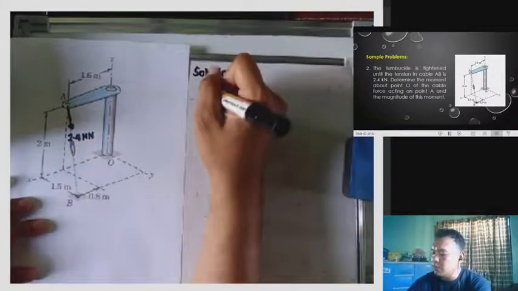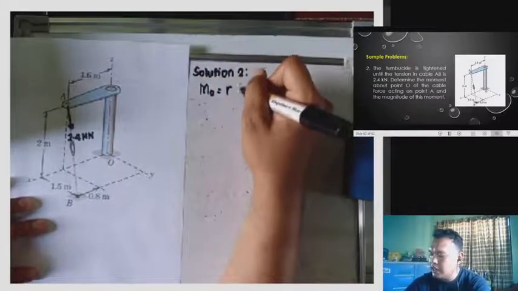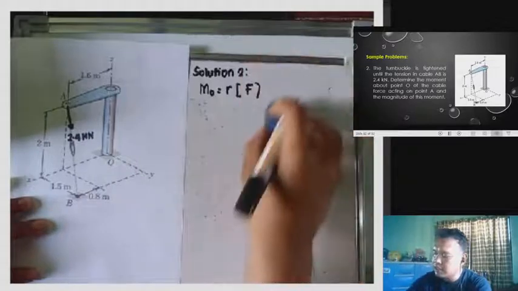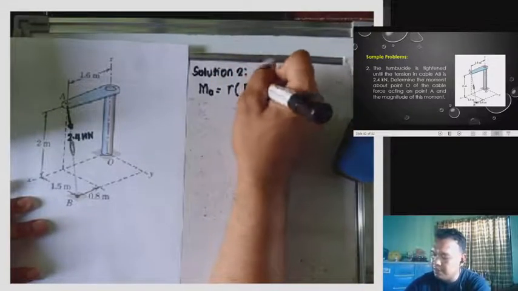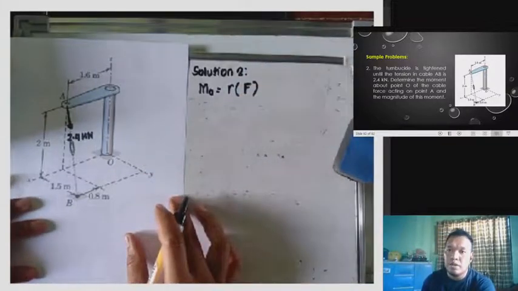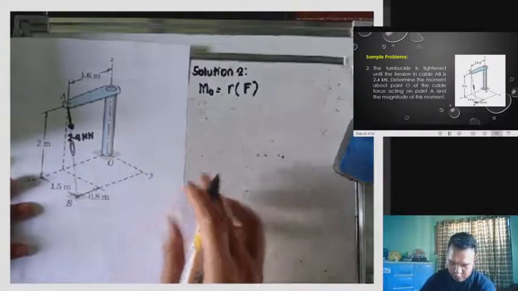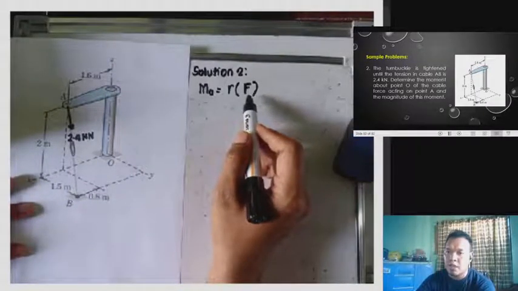Tama bang ang formula ko ay M at O is equivalent kay R times F, or yung tension. Since ang pinapahanap po is yung force, kailangan natin yung F is naka-vector quantities pa po tayo.